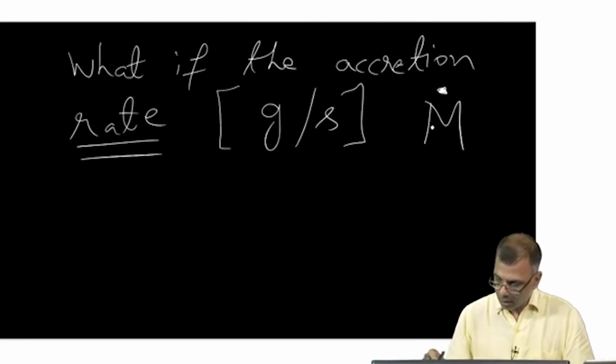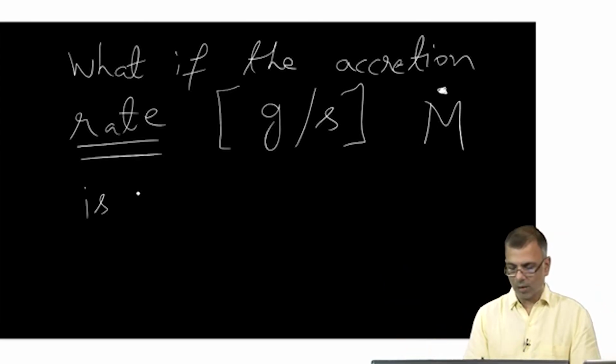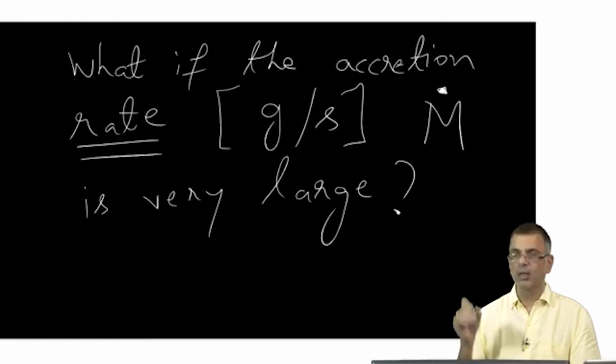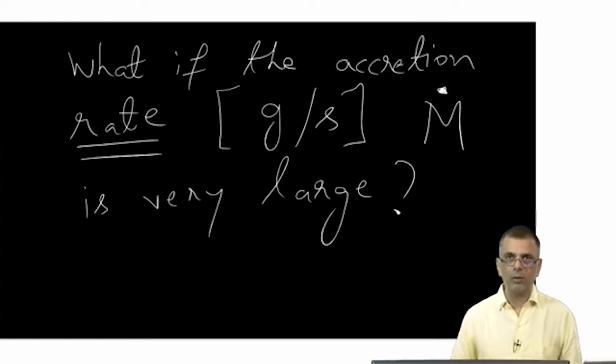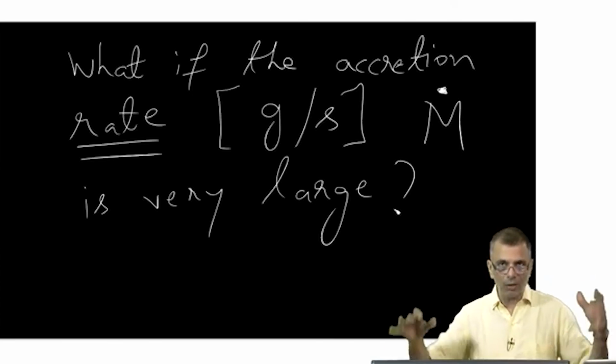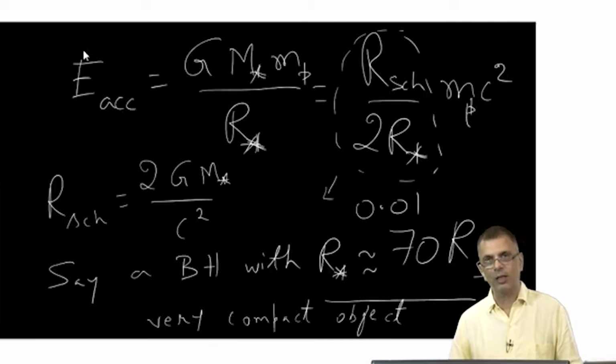So, the number of grams per second that I am accreting is, what if the accretion rate is very large? What if I am able to accrete many protons within a second onto the compact object? That will surely give me a lot of potential energy release.